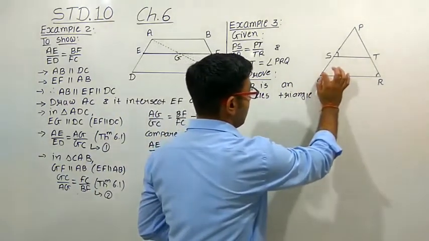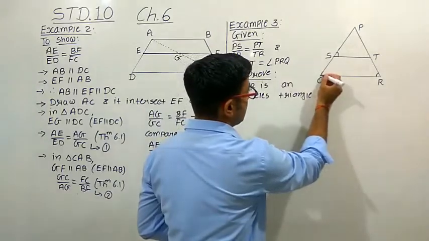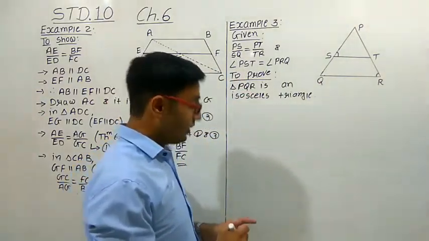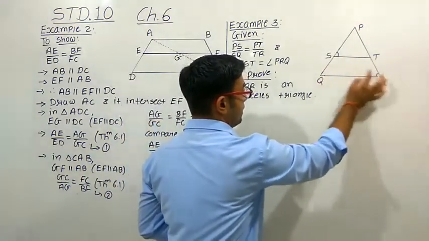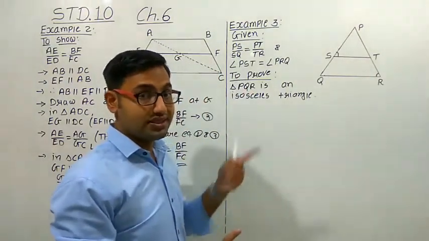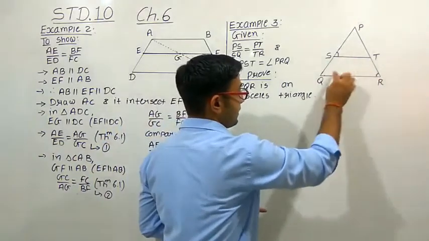We have been given that angle PRQ is equal to this angle PST. So anyhow, if we can prove that this angle and these angles are equal, then the opposite sides will be equal. That we have studied in standard 9. But how can we prove these angles are equal?